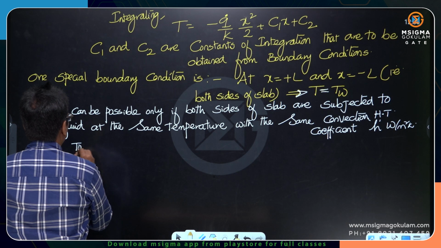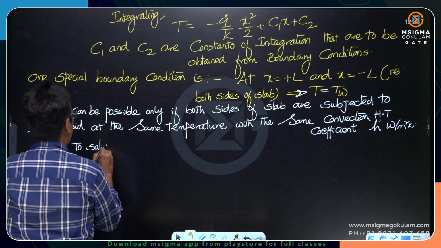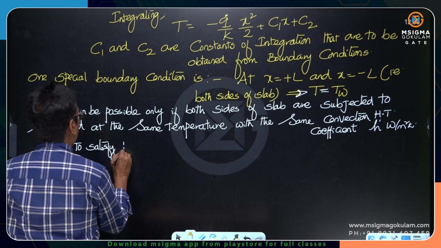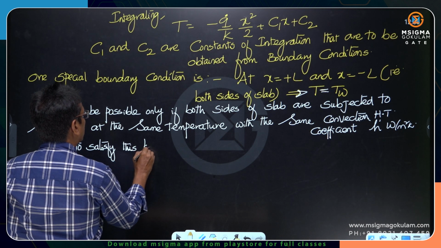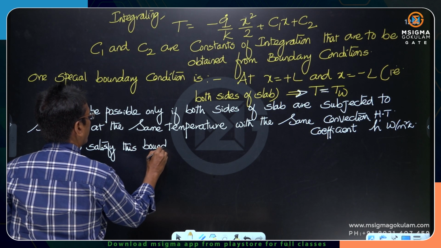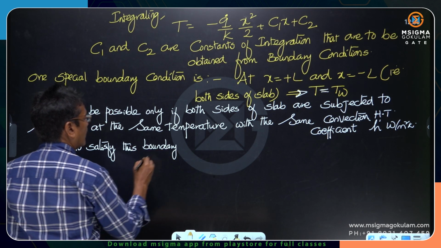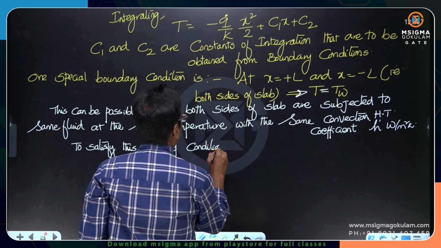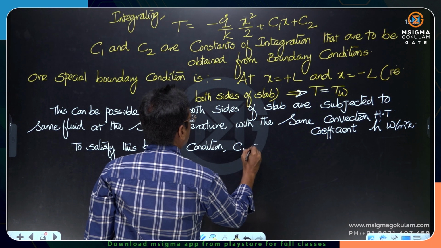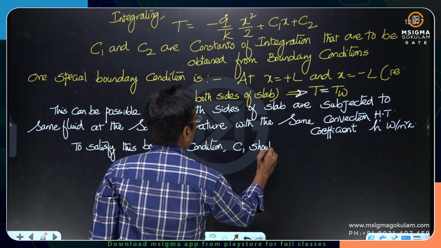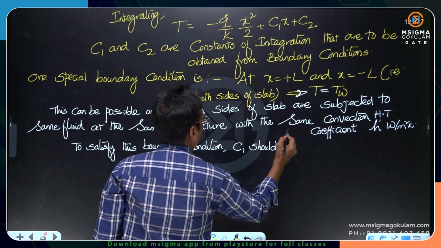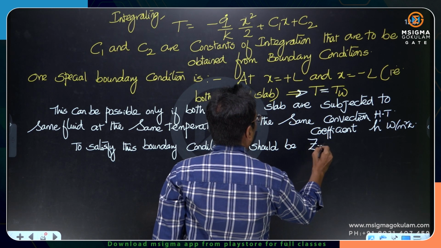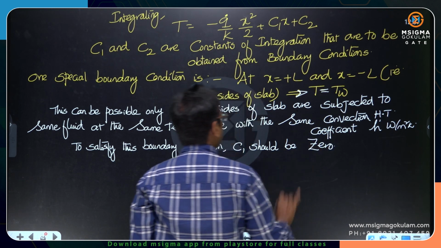To satisfy this boundary condition, C1 should be 0. Okay, C1 has vanished.